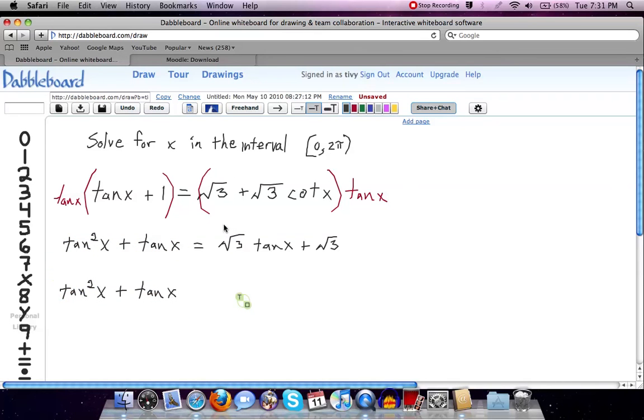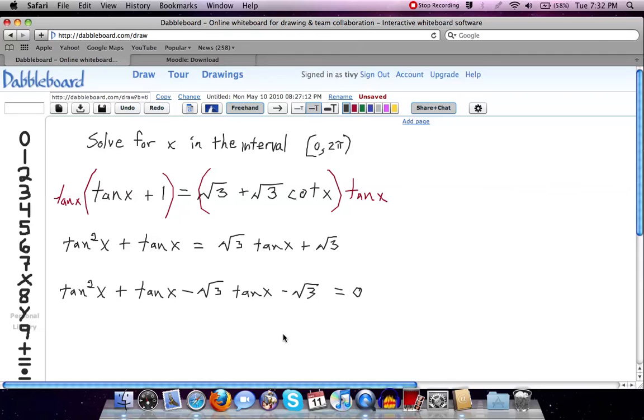So I want to take this piece and subtract it from both sides. That means I'm bringing it to the left-hand side and writing a minus in there. And I'm taking this over here, that's root 3, and also subtracting it from both sides. So then I have nothing on the right, so I'll write 0.